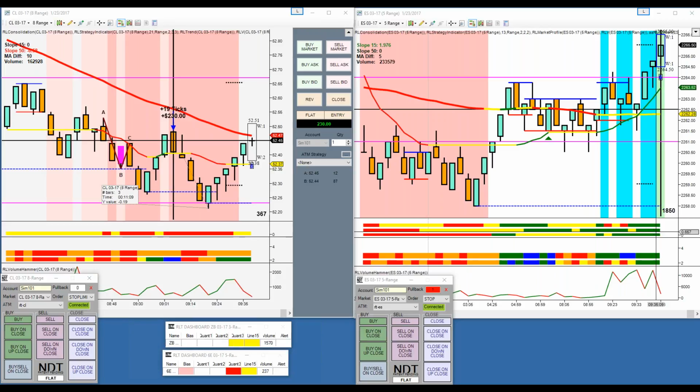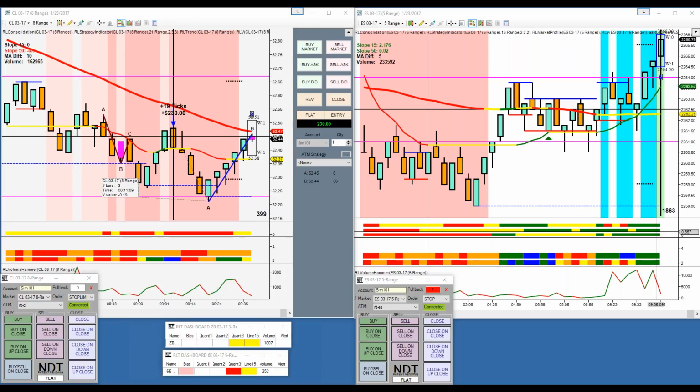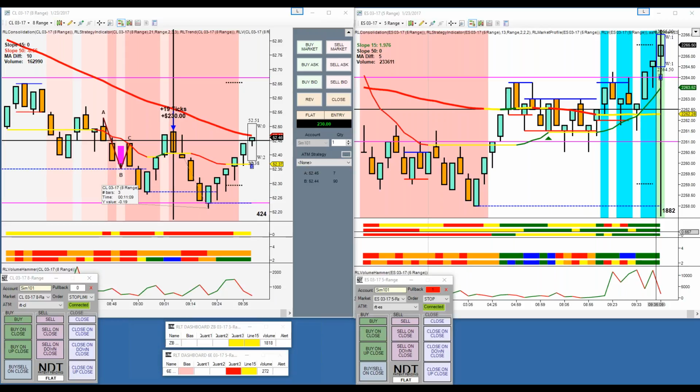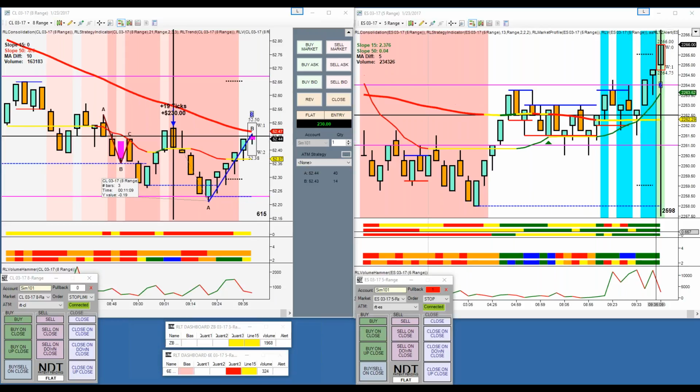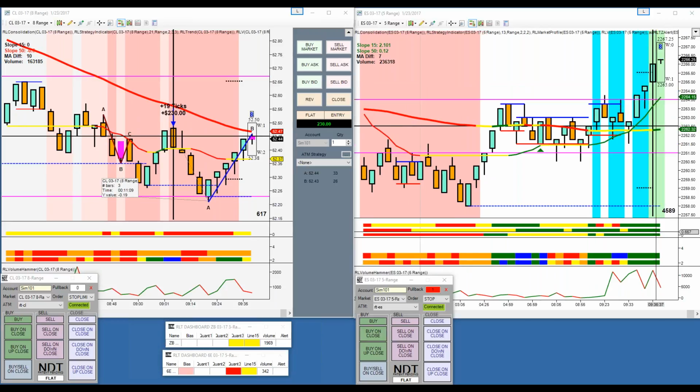There's a transition zone signal. Let's see if we get a pullback here.